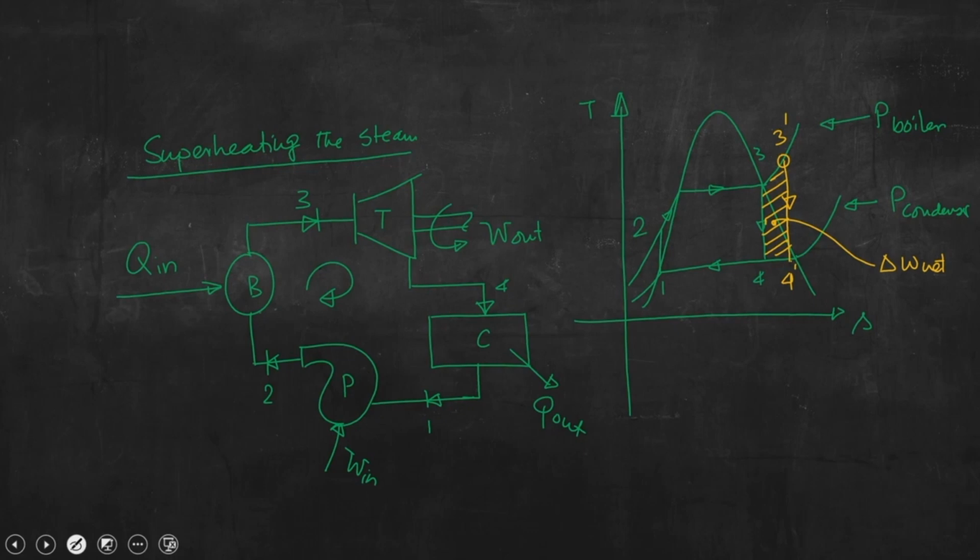If you look carefully, by superheating steam we can get this additional delta W net, and probably it is because of this reason that efficiency can be increased, because efficiency is equal to W net divided by Q in. I am writing in specific form. So, this is basically for the simple Rankine cycle.